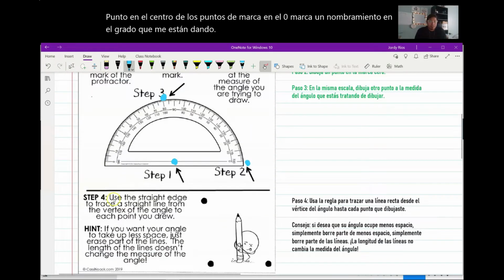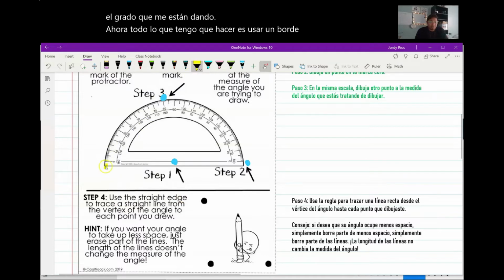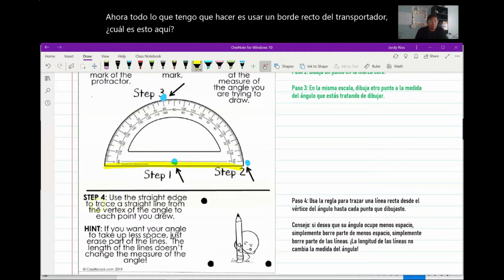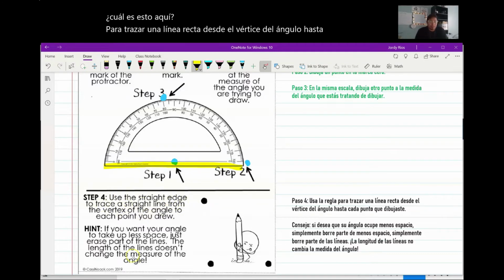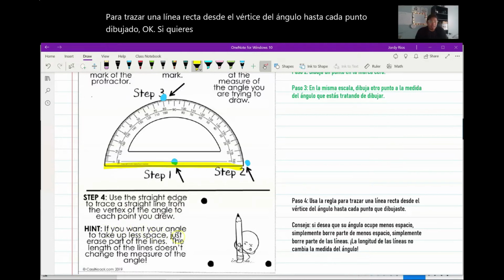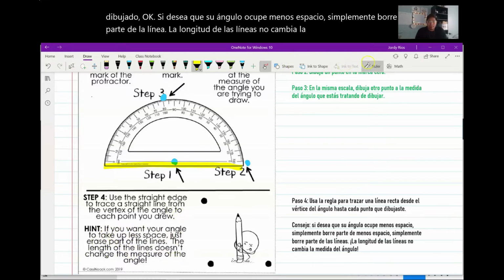Now, all I have to do is use the straight edge of the protractor to trace a straight line from the vertex of the angle to each point you drew. If you want your angle to take up less space, just erase part of the line. The length of the line does not change the measure of the angle.